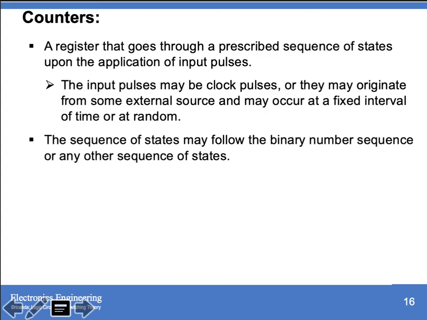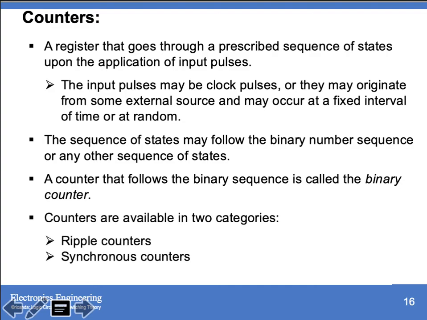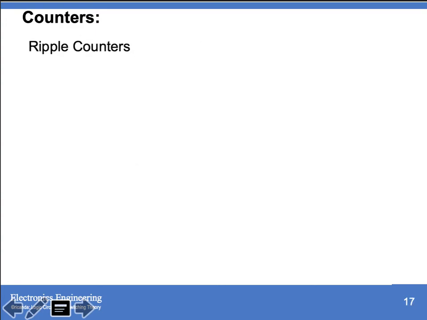A counter that follows the binary sequence is called a binary counter. There are two categories of counters: the ripple counters and the synchronous counters. Ripple counters are the same as asynchronous counters.